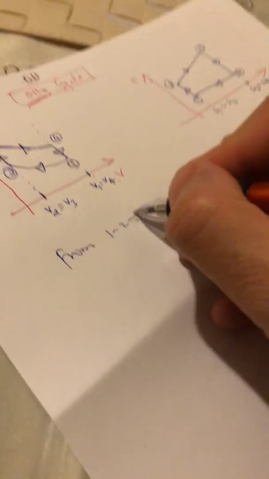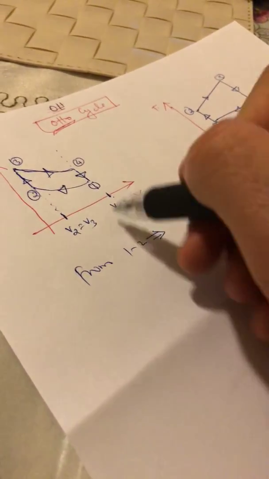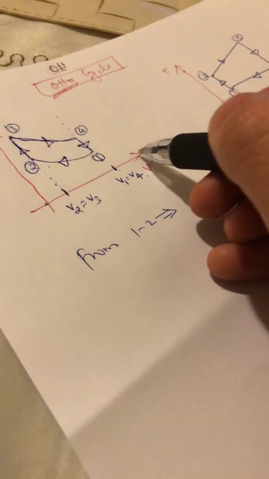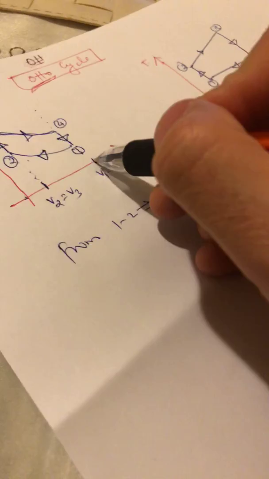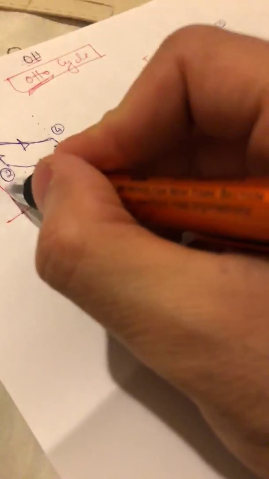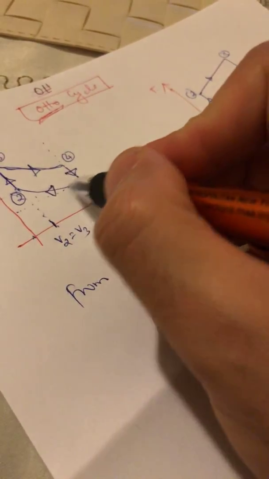So what we are particularly interested in knowing is that from process 1 to 2, if you see here, the volume increases as you go along the positive V-axis, meaning that if you go in the reverse direction, the volume decreases, thereby increasing the pressure. If you see these two labels, the pressure is increased as you go along this path.